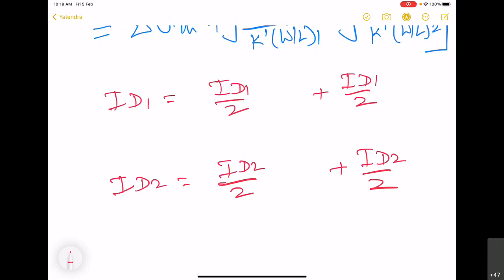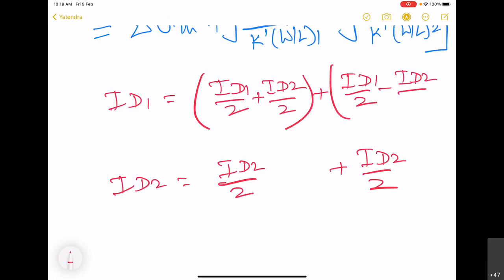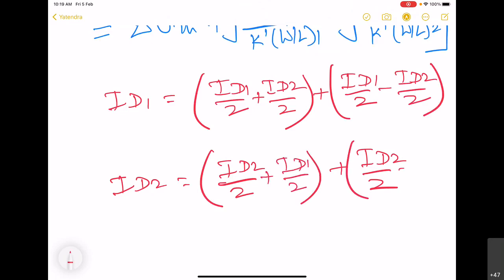So now we can here add ID2, half of the other current, and subtract ID2 from the second term. So it remains same. Similarly, here also we can add ID1 by 2 and subtract ID1 by 2.